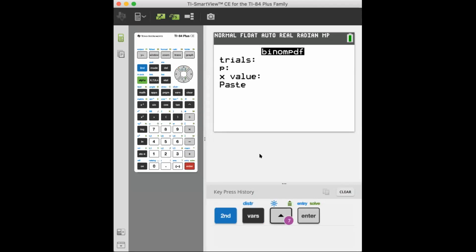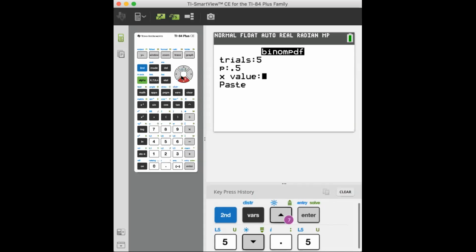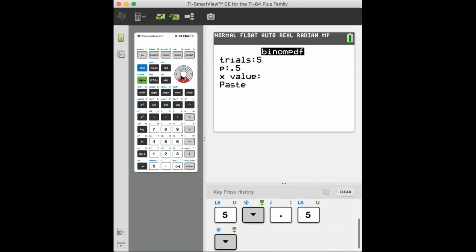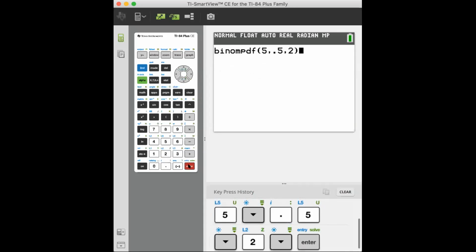In this case, we have 5, we're looking at 5 babies. P stands for the probability of success, so that's 0.5. And then X, we're looking for the probability of getting exactly 2 girls, 2 successes. Then you click paste and press enter. And that is your answer.